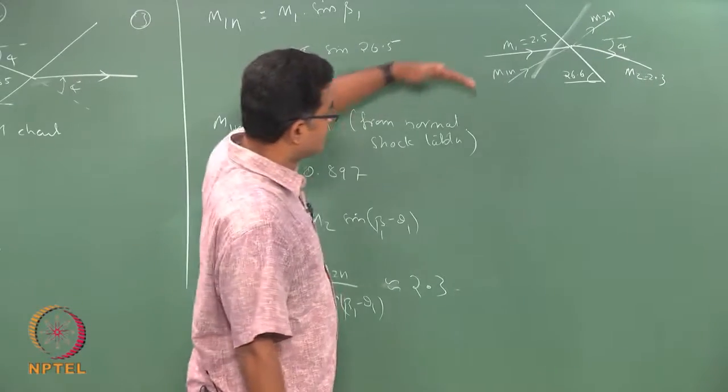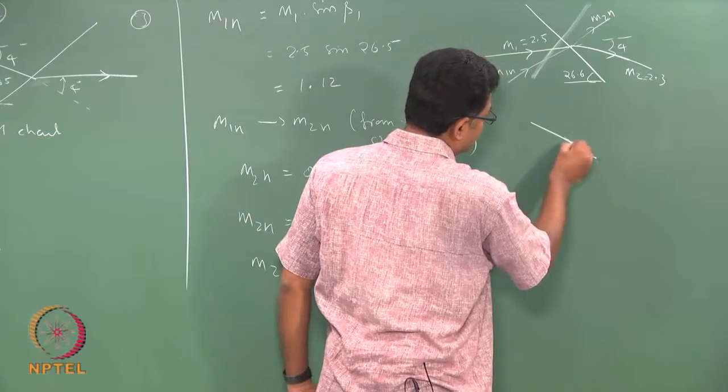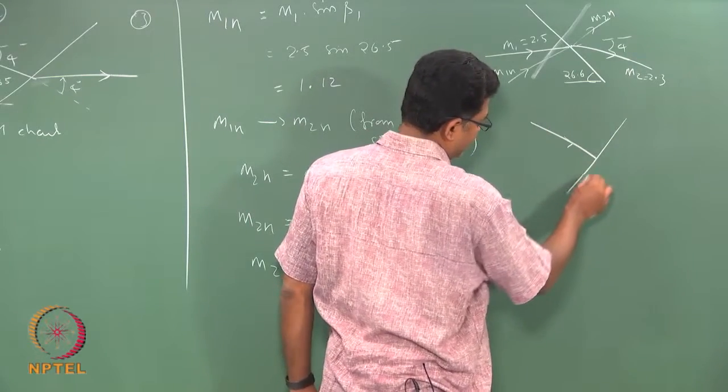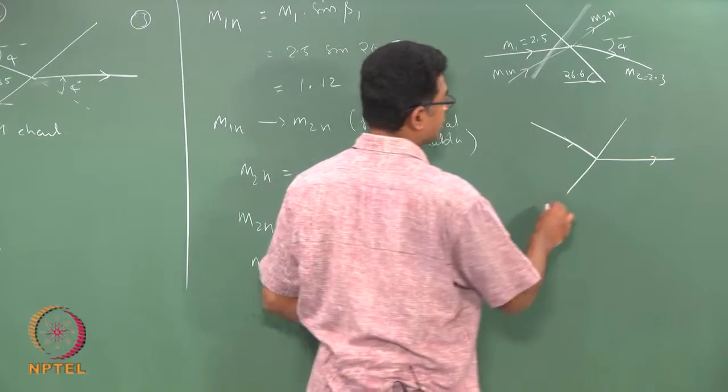Now, this velocity is going and hitting another shock wave which turns the direction parallel to the surface.